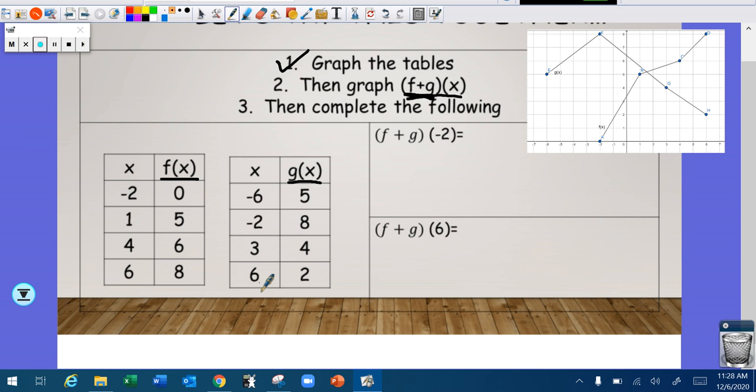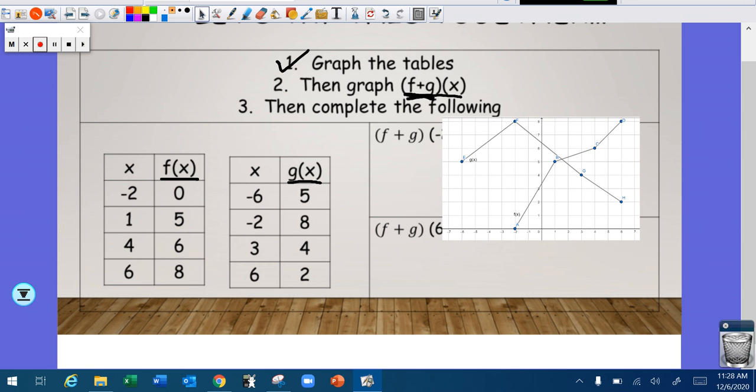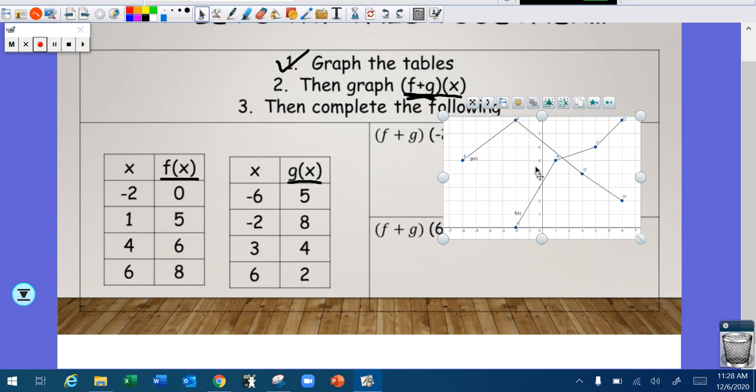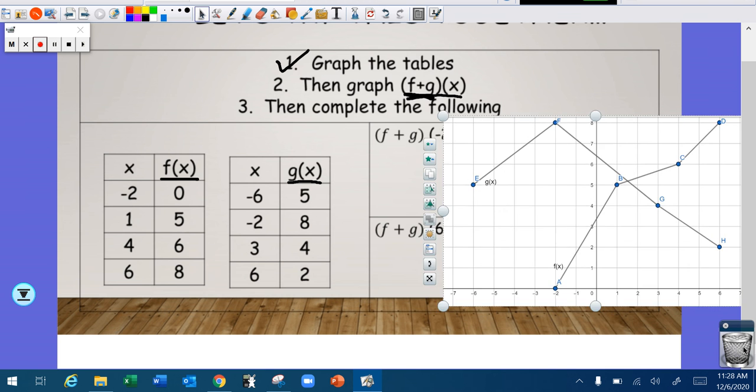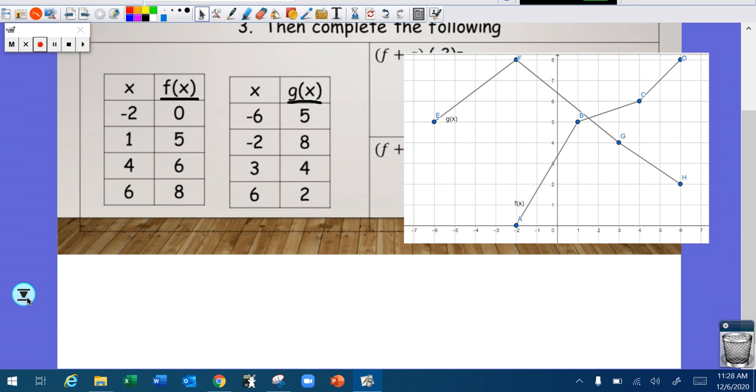So we're going to have to use our graph to help us graph the addition of these two functions. So I'm going to make this bigger so we can use this information. So we're going to have to go and create another table. And we're going to call this table f plus g of x.